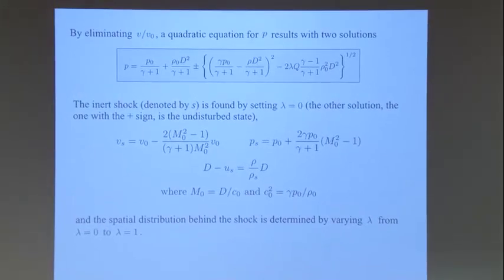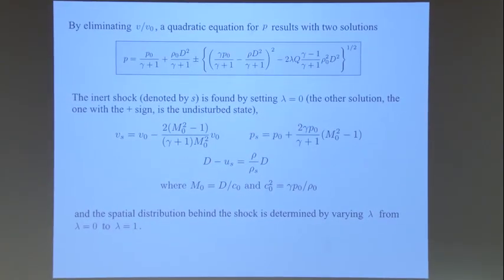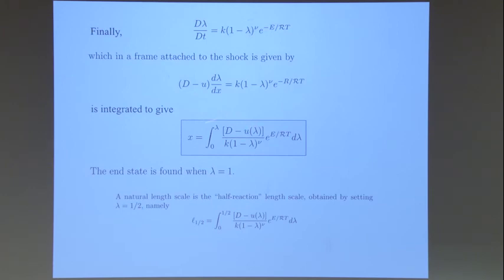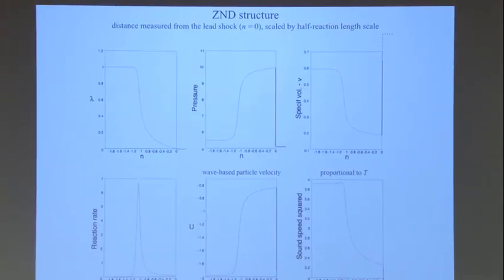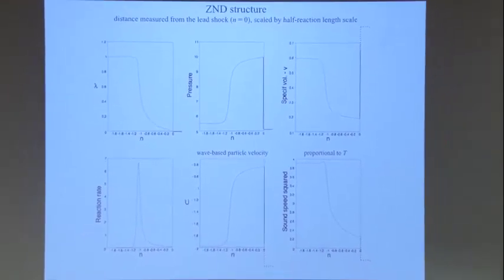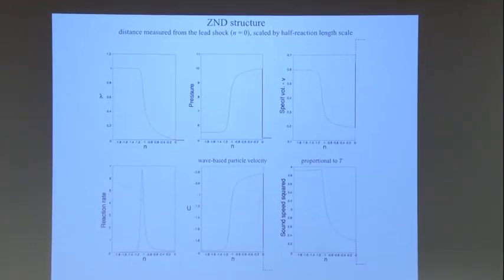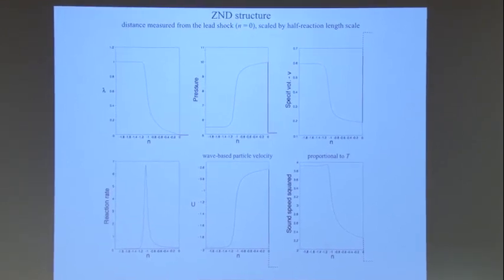And then you are left with an equation that you have to solve that describes how lambda varies. The d lambda/dt equation is the only equation that describes the progress of the detonation within the structure from the shock until completion, and you can integrate this equation either numerically, or there are some approximate methods to do it, and here are solutions for the typical structure that I've shown you.